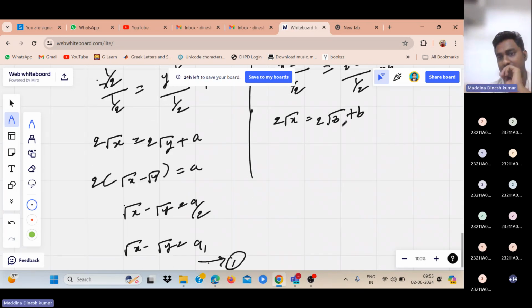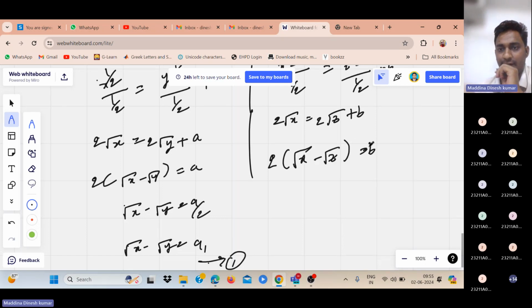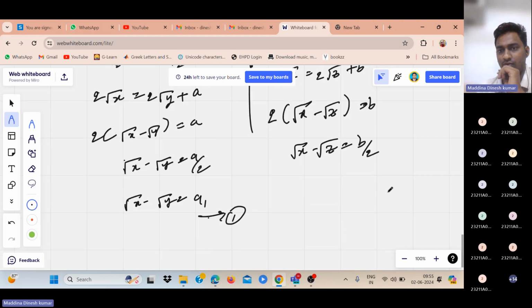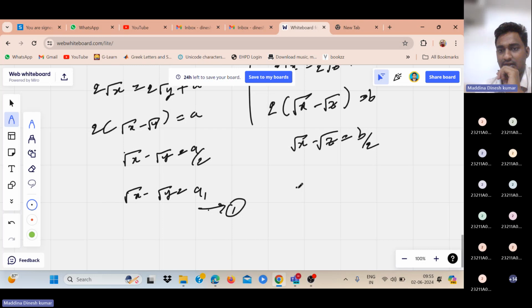So transferring the z term from the right hand side to the left hand side, 2 is also taken outside: 2 times square root of x minus square root of z equal to b, so square root of x minus square root of z equal to b by 2. This b by 2 I am going to assume as b1.